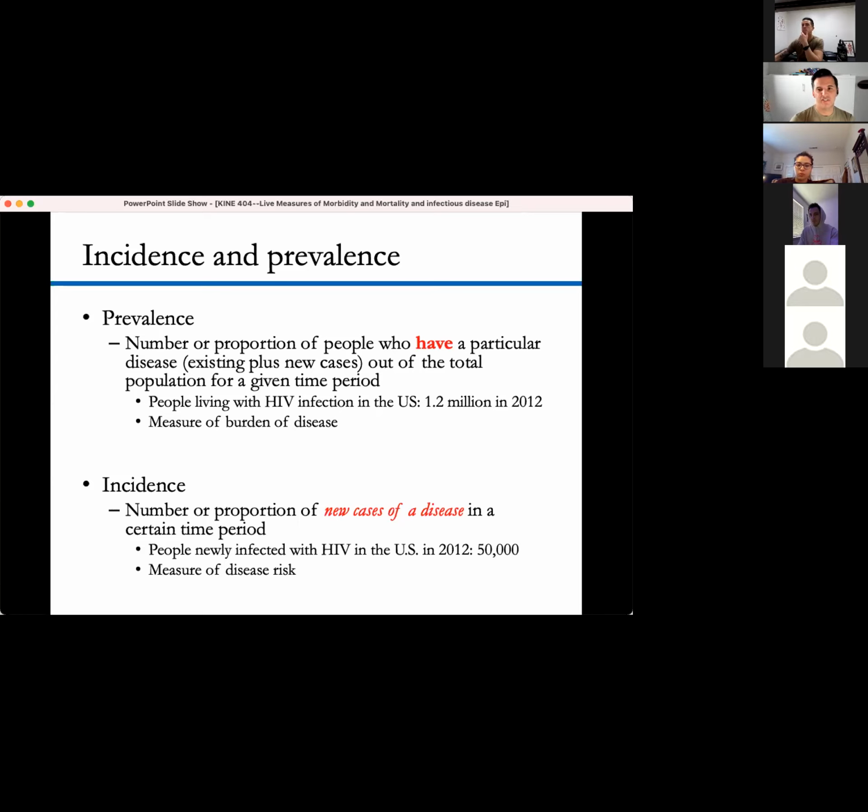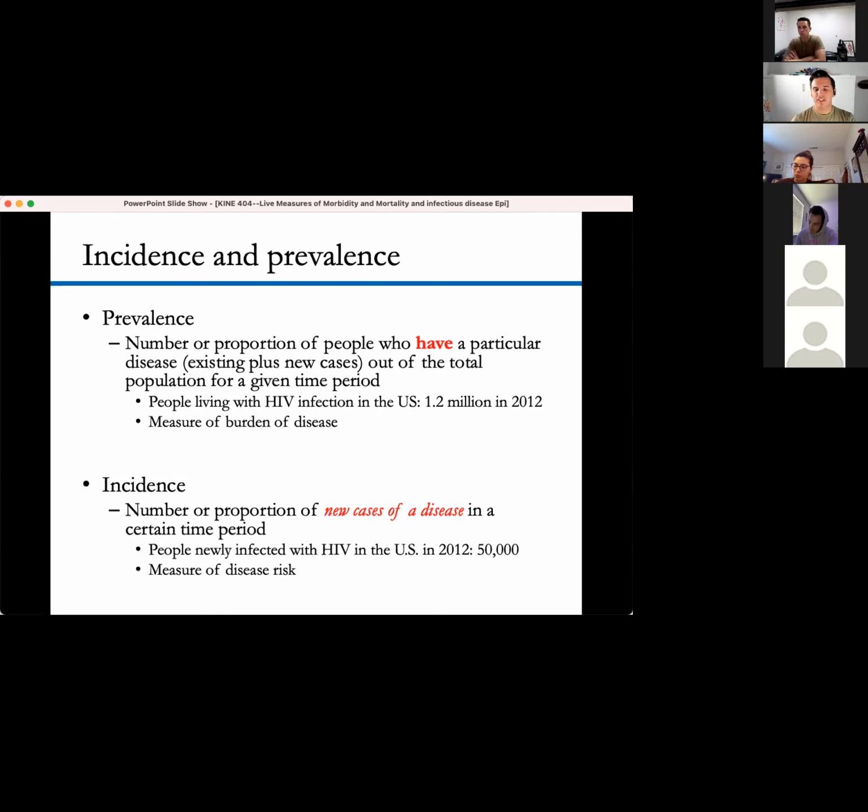So this tells us a measure of disease risk. Essentially, it tells you what is the rate of new disease in the population in that time period. The higher the rate of new disease in the population in that time period, the higher the risk is for people getting that particular disease. So prevalence is a measure of burden, incidence is a measure of risk of disease.